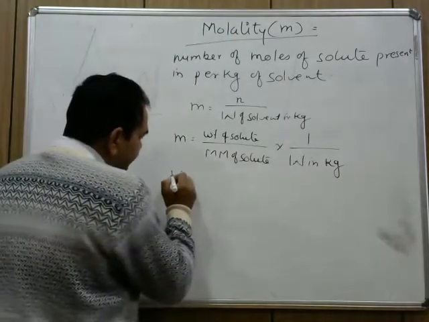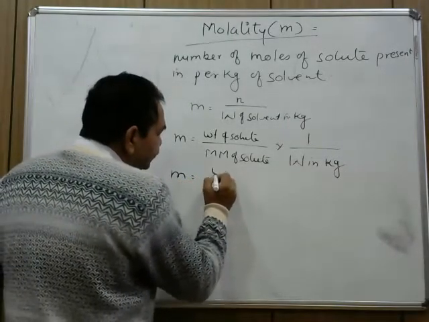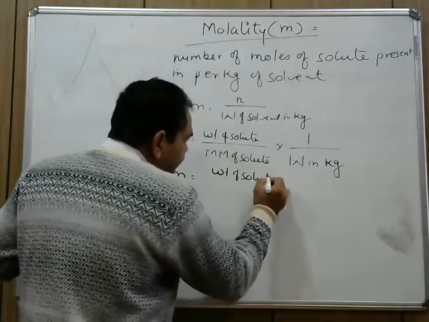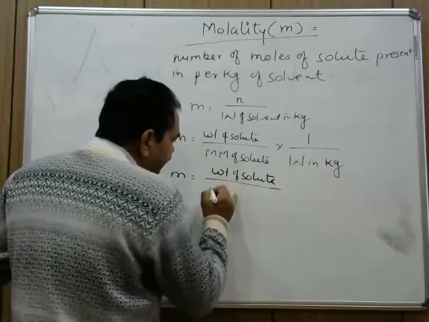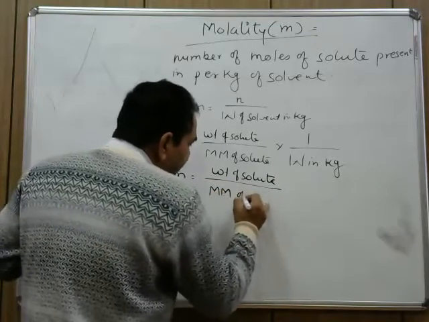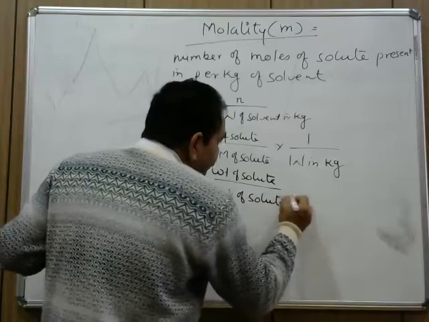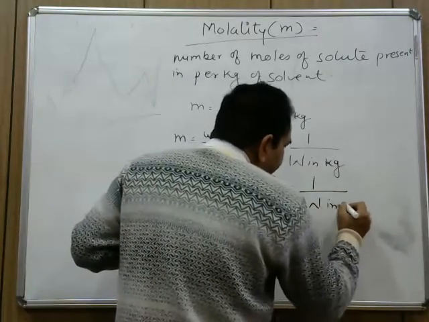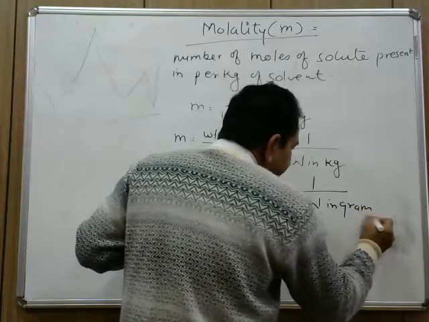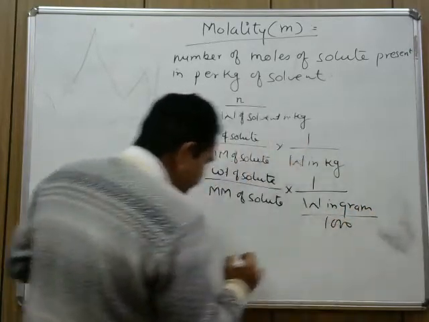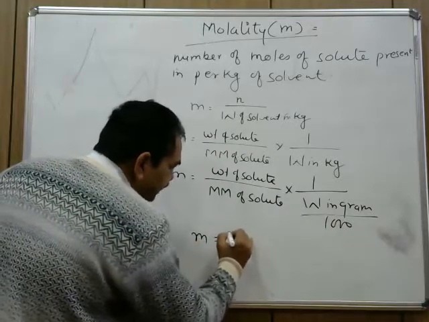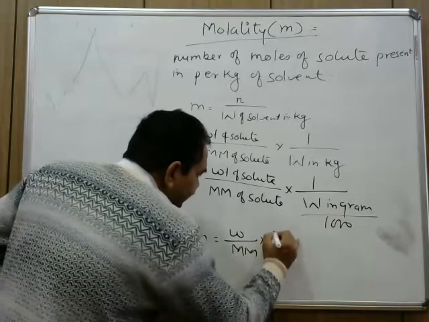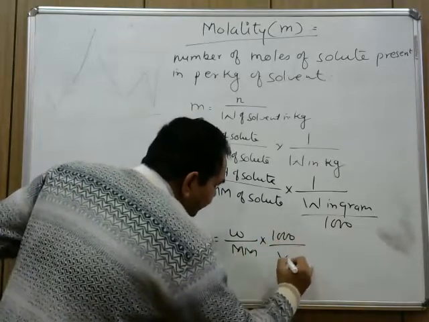So m is equal to weight of solute divided by molecular mass of solute into 1 upon capital W, the weight of solvent in grams divided by 1000. Our formula comes to be small m is equal to small w upon MM into 1000 upon capital W in grams.